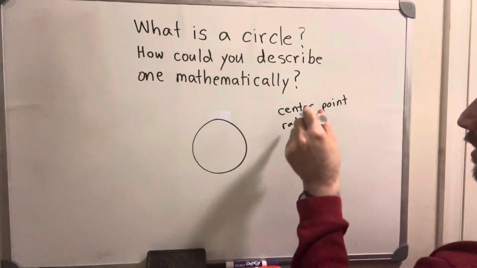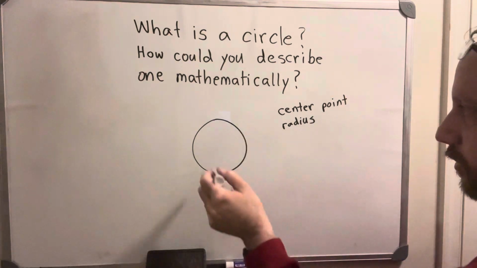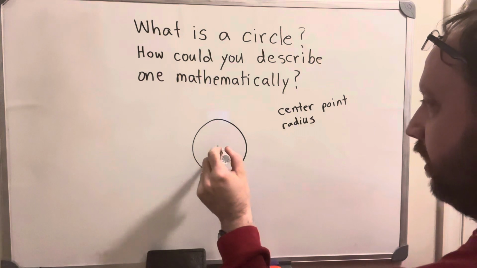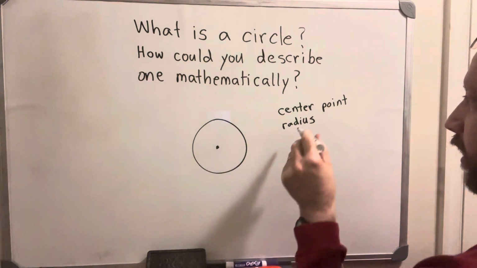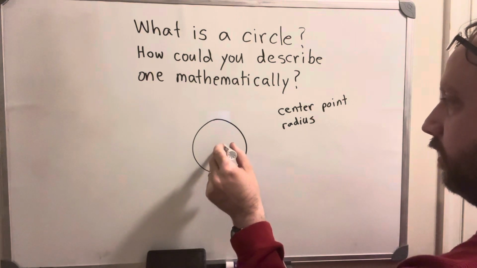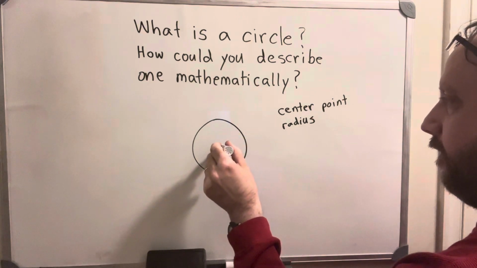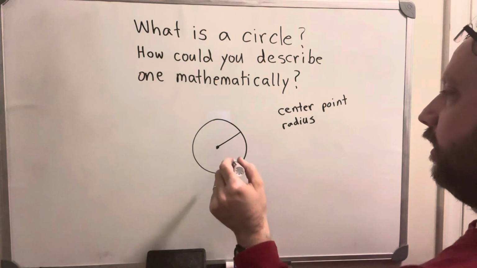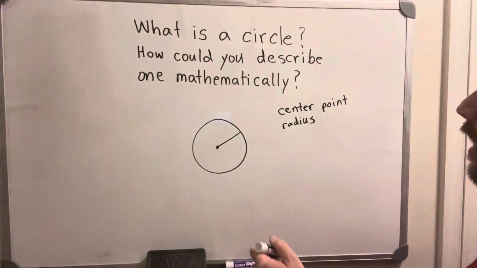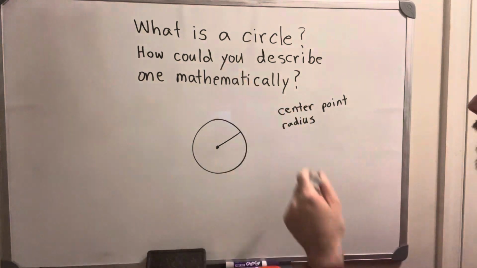Let's draw the center of this circle right here. It's a point, right? It's the middle of the circle. And the radius is the distance from the center to the edge, right? Okay, so here we have this. How can we describe a point mathematically?